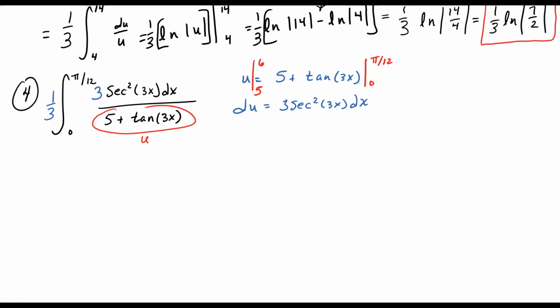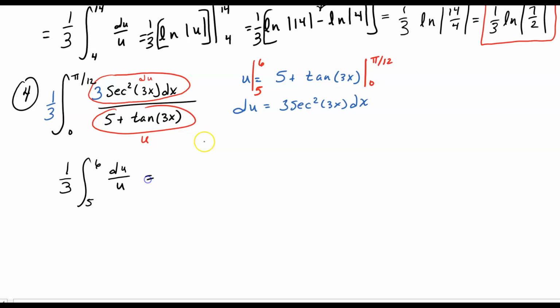Now that we've got all of this in play, this represents my du over u with my adjusted limits of integration from 5 to 6. And so what do we get?